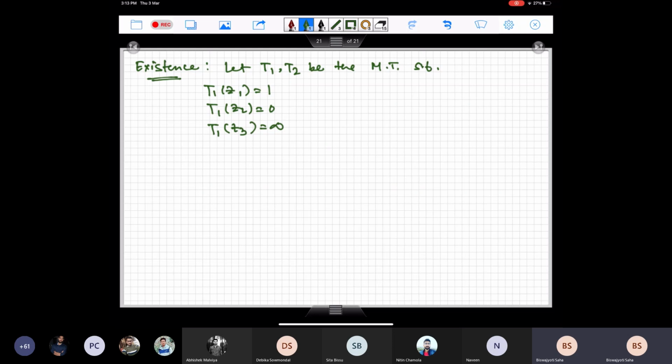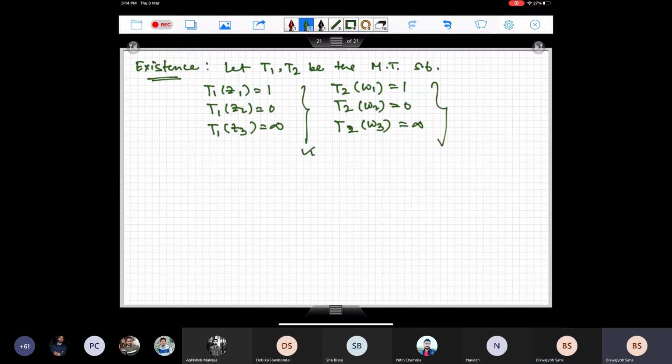I know how T1 looks because I have already given you a formula for this. Clear? Similarly, I can also do T2 of W1 is 1, T2 of W2 is 0, T2 of W3 is infinity. I can also find this. Do you agree that I can get these two Mobius transformations, right?